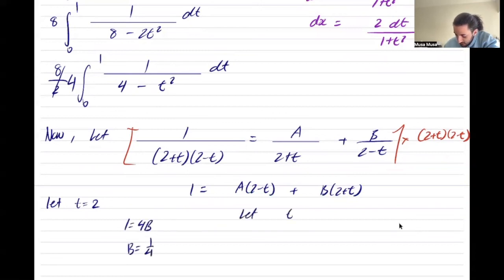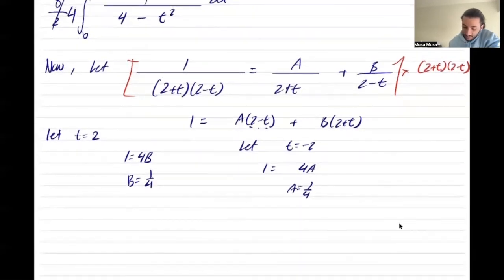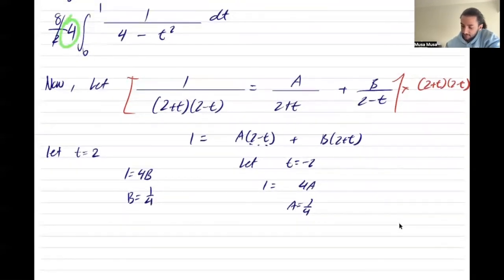which means b equals a quarter. Now, if you let t equal minus 2, 2 plus t is 0, this goes away, and here you get 2 minus minus 2, which is 4. So then you get 1 equals 4a, and that means a equals 1 over 4. So both of them are a quarter, which makes our life even easier because now even this 4 gets cancelled off.